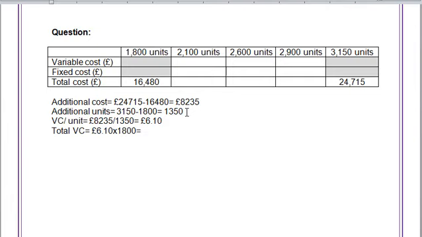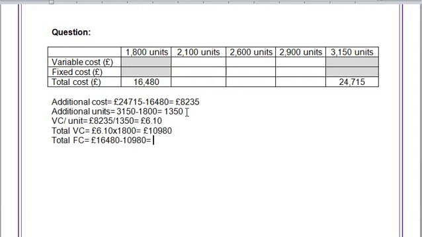So I can plug that into the low point as I'm doing now. That will give me a total variable cost of 10,980. So my total fixed cost will be the difference in cost. We had 16,480 minus what you have calculated now as your total variable cost at the same activity level, the low point.